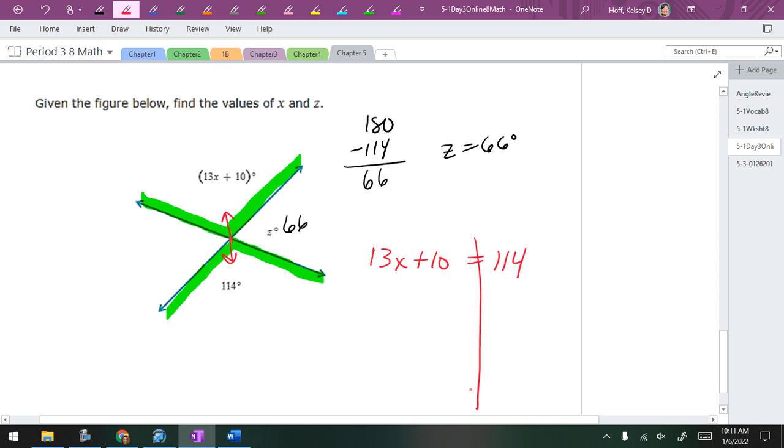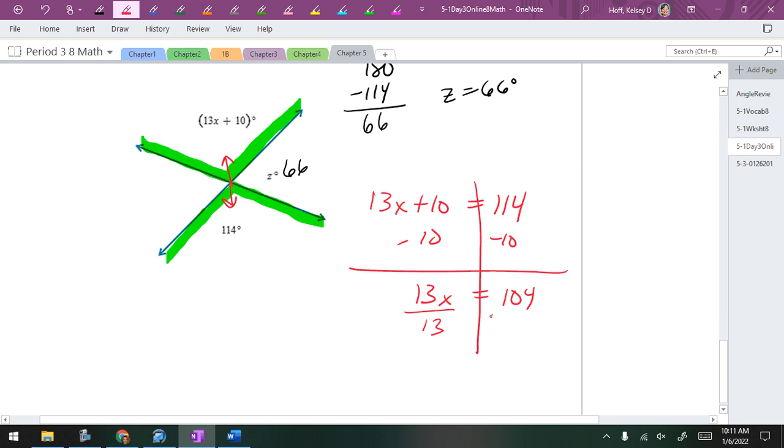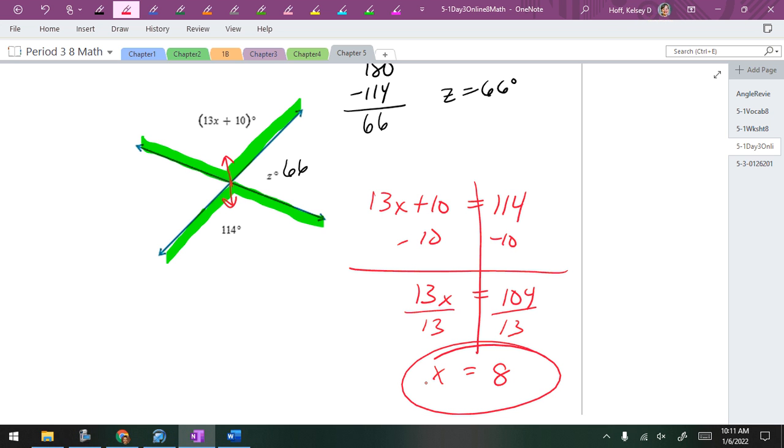To solve this, I should subtract 10. 13x equals 104, right? Eight. See what I mean by just amplifying what we've been doing? Yes? Yep.